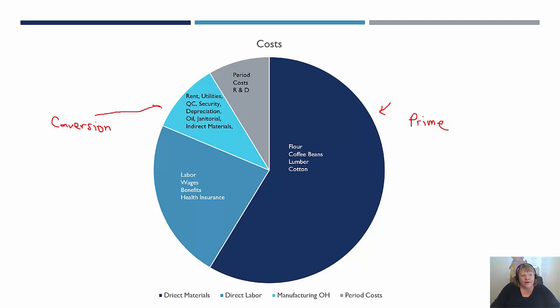And it includes that, and it includes this. Now, period costs are not associated with manufacturing, so they are not included in conversion or prime costs. Okay.